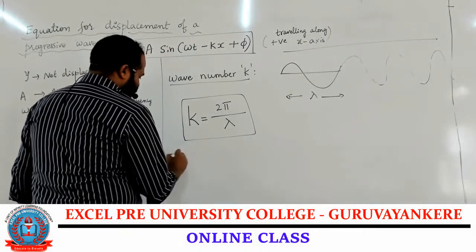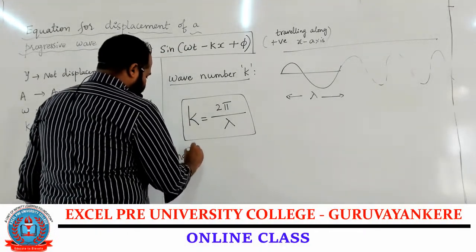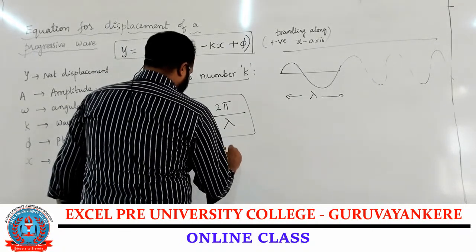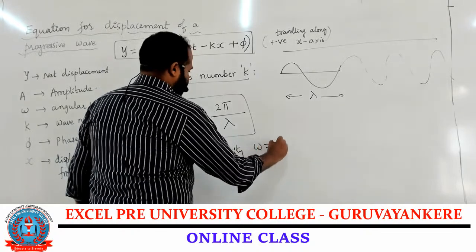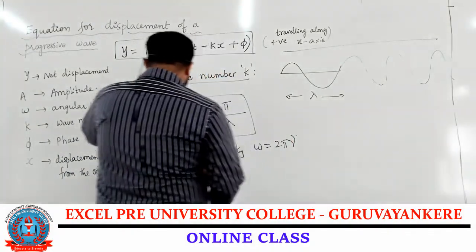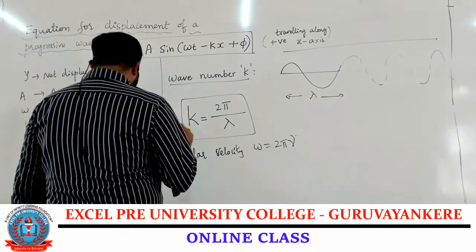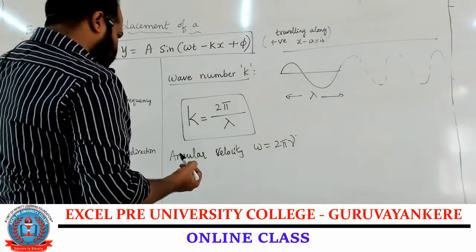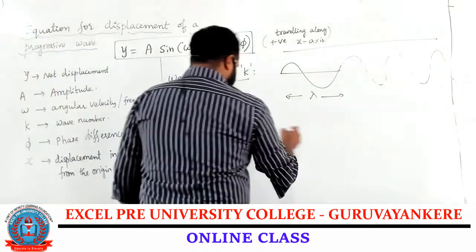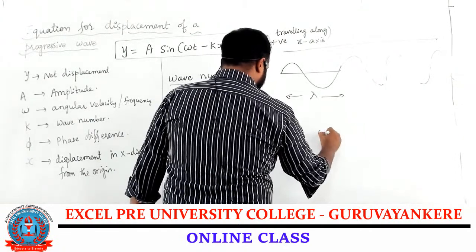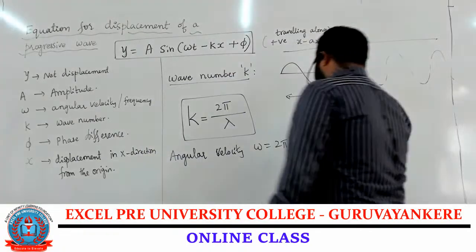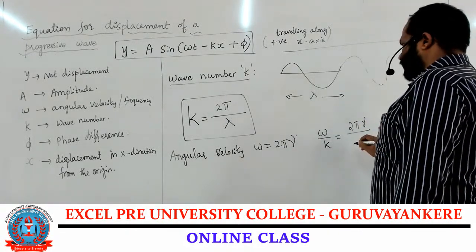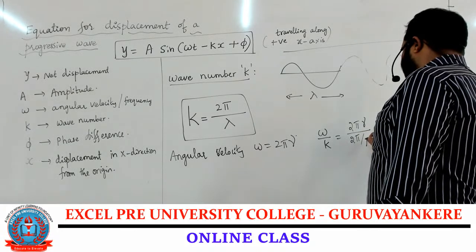Obviously, angular frequency omega is 2 pi nu. Now if I take the ratio of omega by k, that will give me 2 pi nu by 2 pi by lambda.